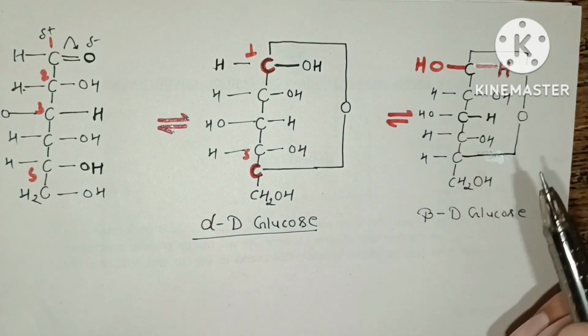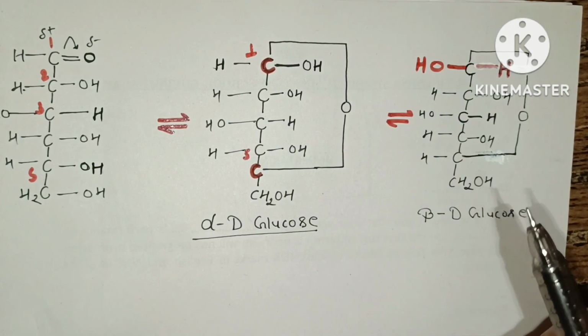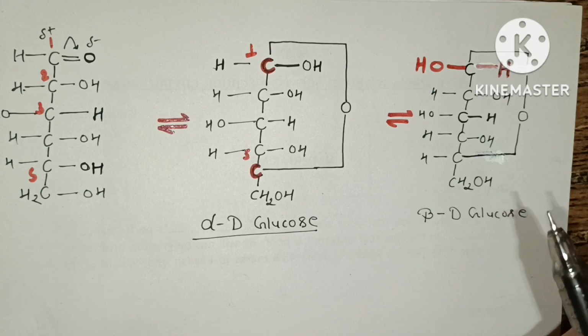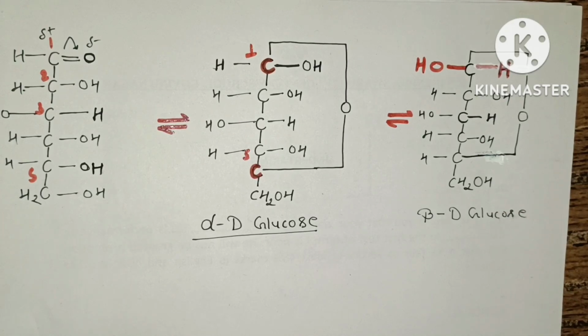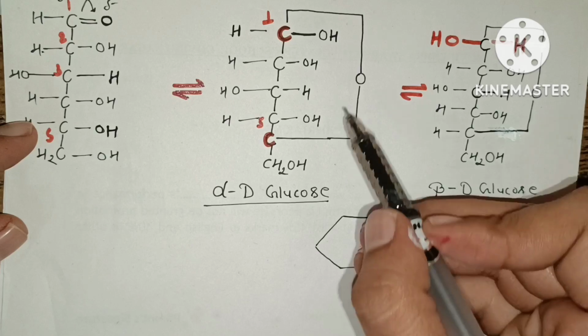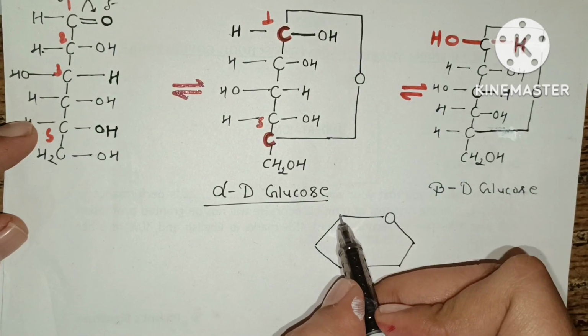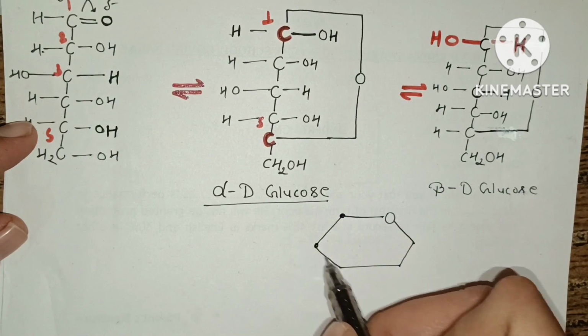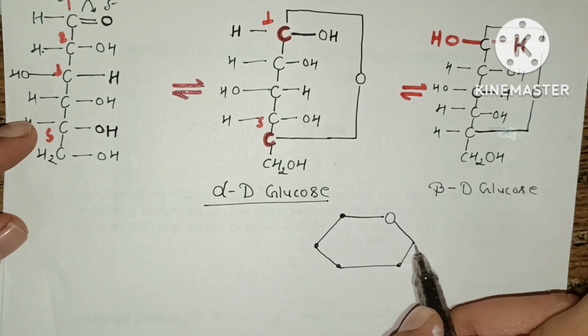That means this should be a 6-membered ring containing 1 oxygen. So what will we do? We will first draw a hexagonal, 6-membered ring having 1 oxygen. So here we go. We have drawn the pyranose ring, this oxygen, and 5 carbons.